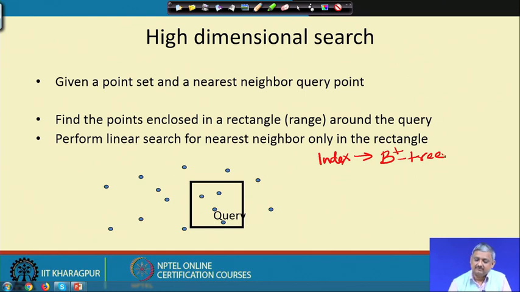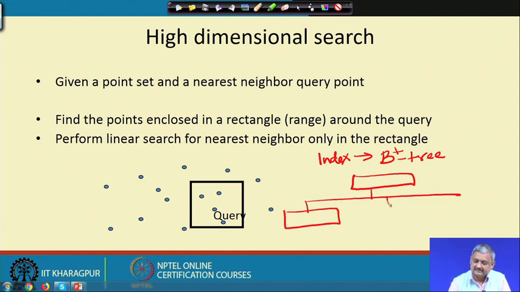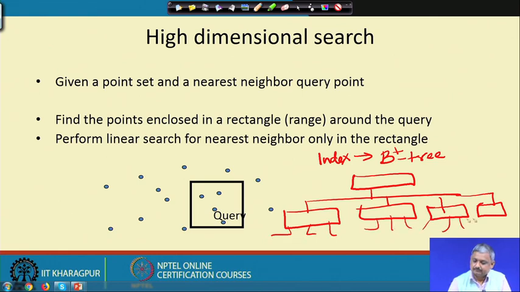Okay. So, if you remember what a B plus tree does in a database, if you want to find all records in a database having a certain key value, you make a hierarchical, tree-like structure on the key values, where the leaves point to record pointers.